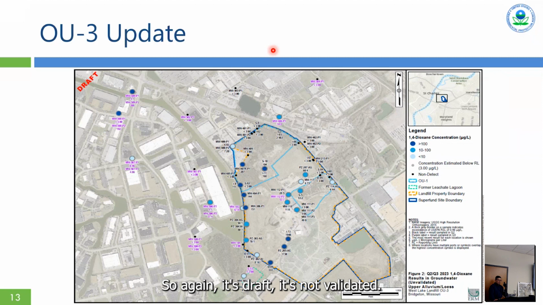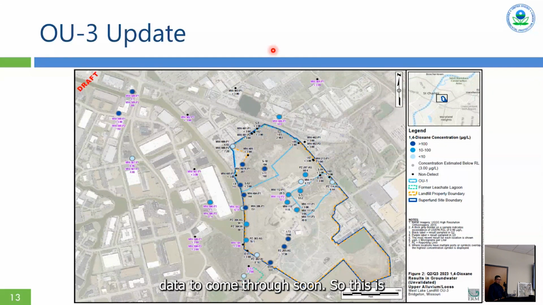So again, it's draft. It's not validated. And it's also based on the reporting limits, which are those numbers that are higher than the method detection limits. Once it goes through the validation process, a lot of those reporting limits will become lower and be at the method detection limit. But again, like I said, we're expecting that data to come through soon.